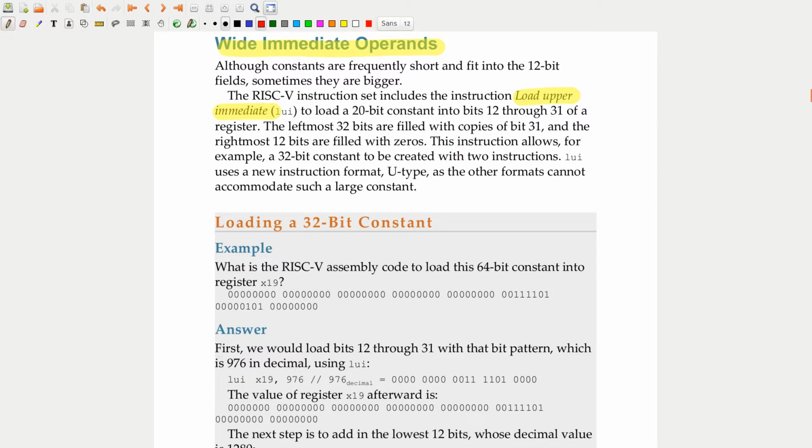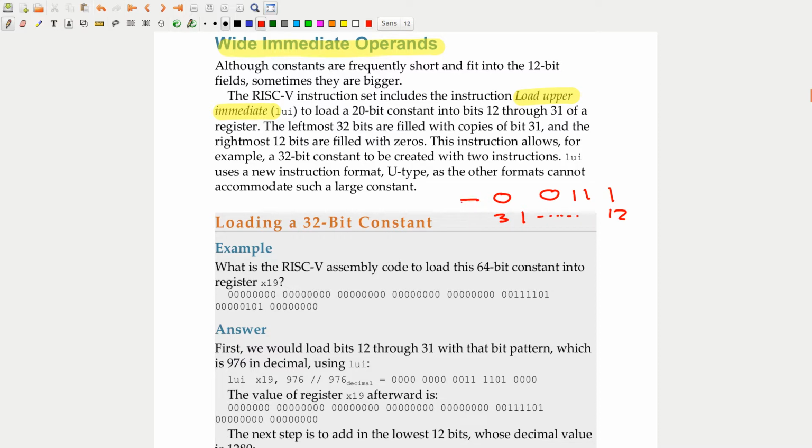Say we have a number like 0, 1, 1, 1 getting loaded in, in bits, so let's say this is bit 12 and then we have, say, a 0 here, and this is bit 31.